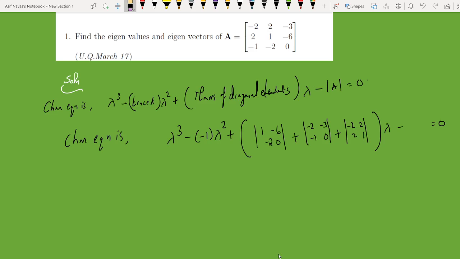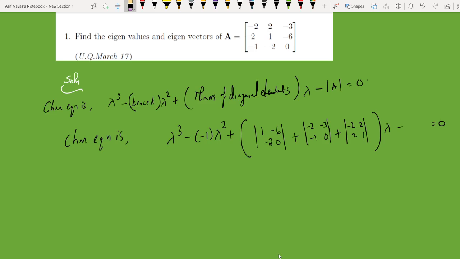You cannot use programmable ones. So what is the determinant of A?